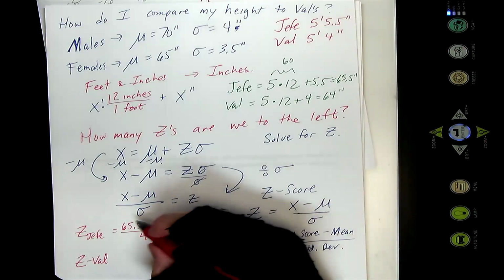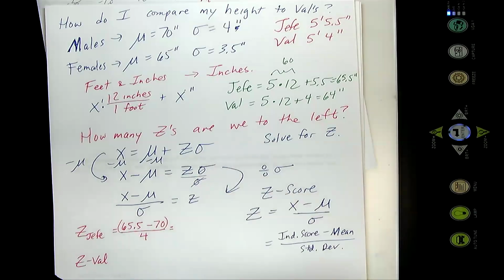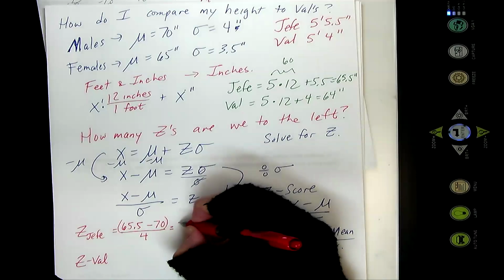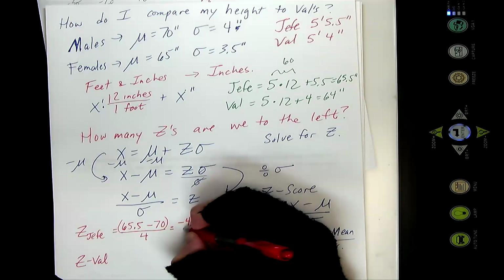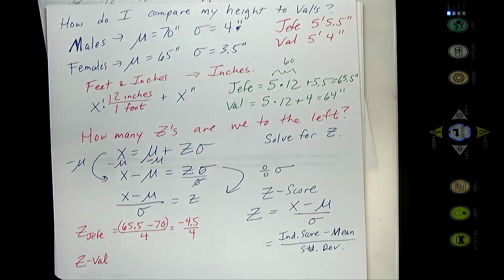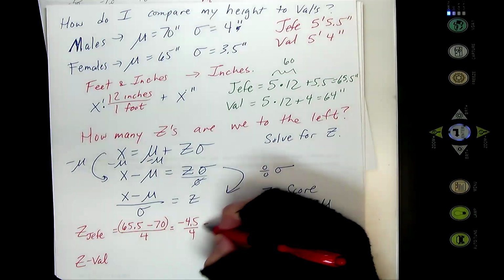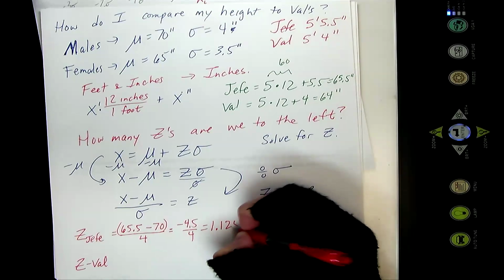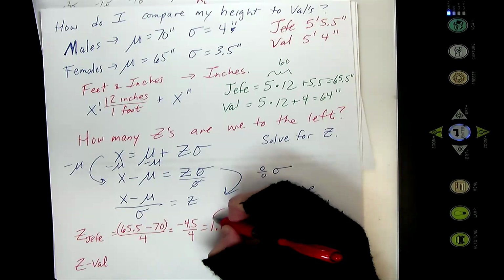If you're doing it in a calculator and do it all at once, definitely put the top in parentheses because it needs to be done first. This is negative 4.5 over 4. And I'm getting negative 1.125. With a negative in there.